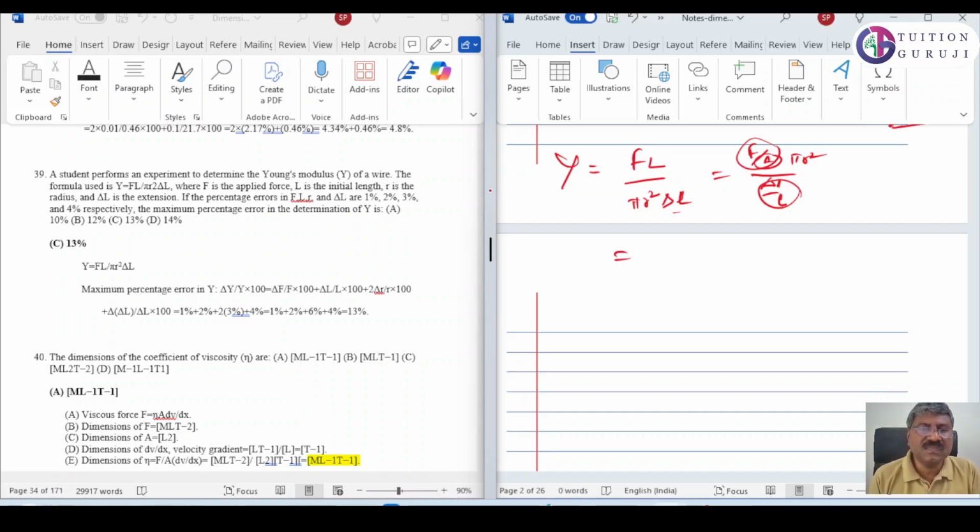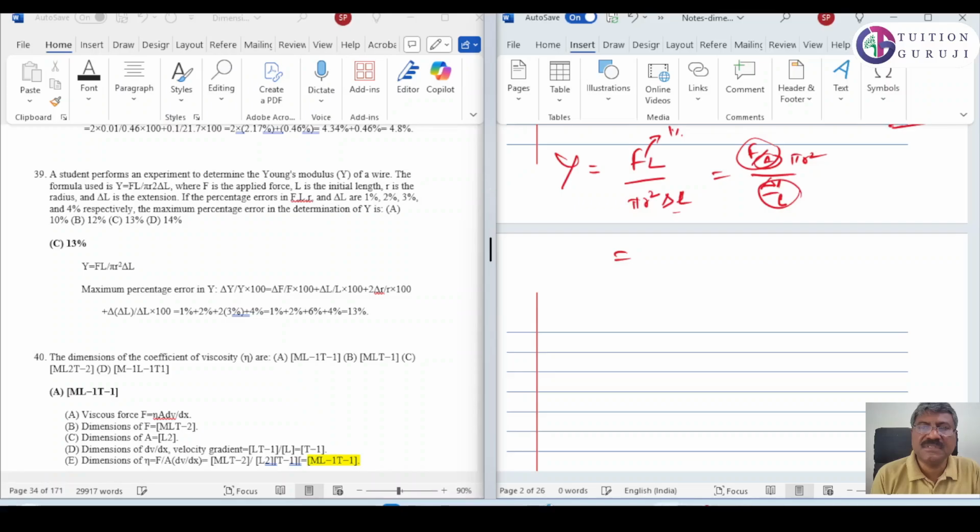So the percentage error, if you are calculating, it is given: a student performs an experiment to determine the Young's modulus. The formula is given. F is the force, L is the length, R is the radius, delta L is the extension. The percentage errors are given.